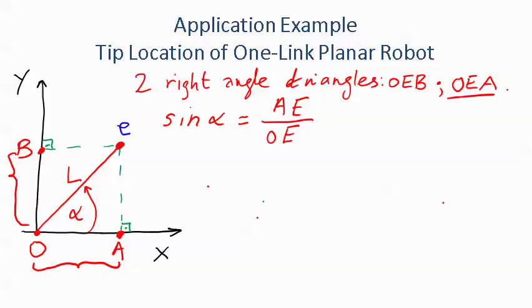So in this relationship, AE is the desired or unknown coordinate of the end effector in the y direction, and OE is the hypotenuse, which is the length. So here we have this equality, and if we proceed to the next step, we can solve for the y coordinate, YE, as the hypotenuse L times the sine of angle alpha.